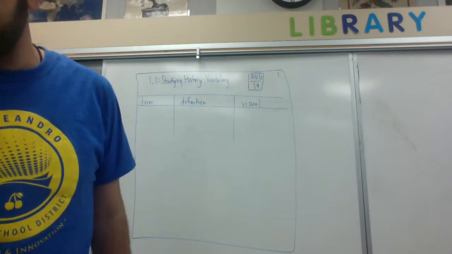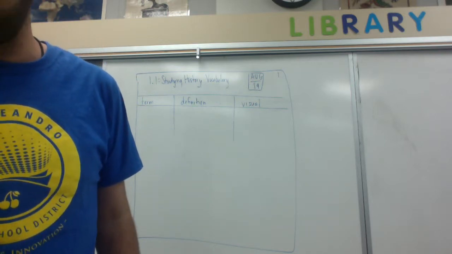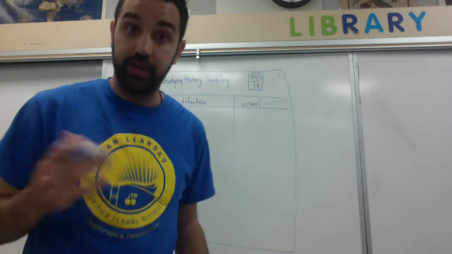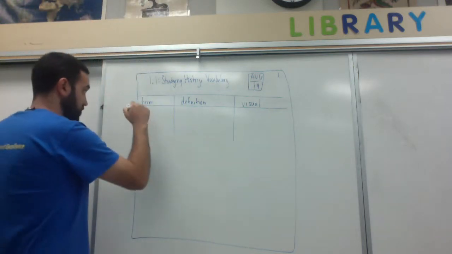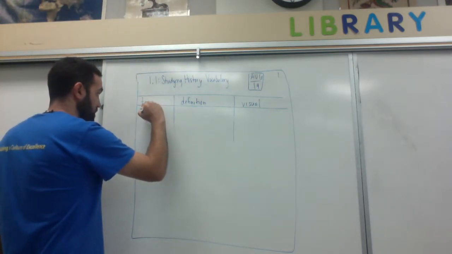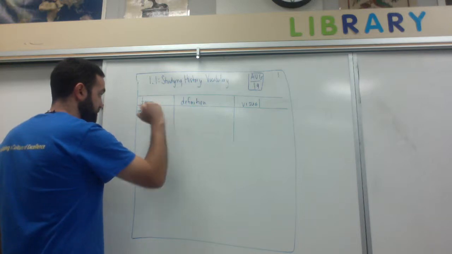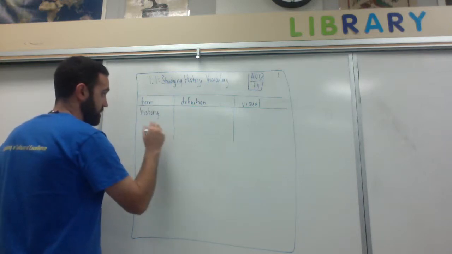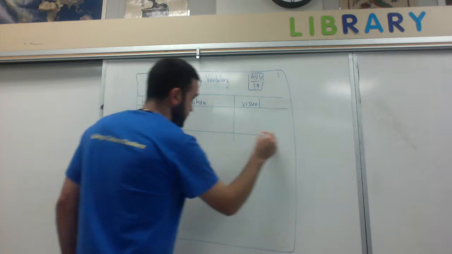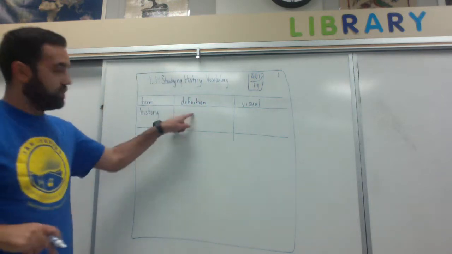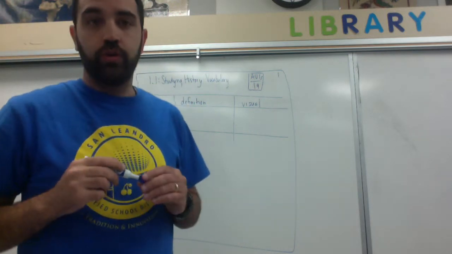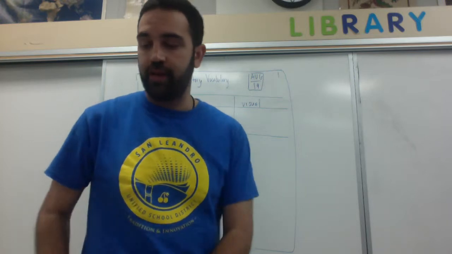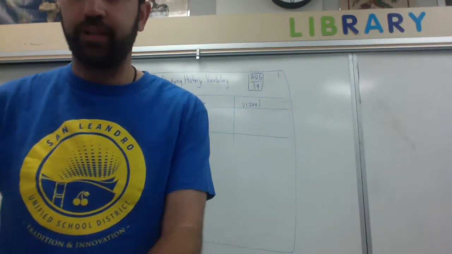So looking at section 1.1, studying history, the first term is history. So you're going to put that right here, okay? And then you'll see that's the first term. Definitions here. I'm going to encourage you, all of you, every time, in the back of the textbook, if you go to the back, there's a glossary, okay?